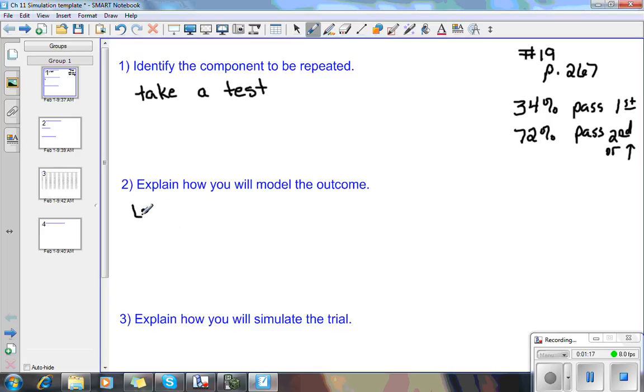So I'm going to let 00 to 33 be pass first test, and 34 to 99 fail first test.